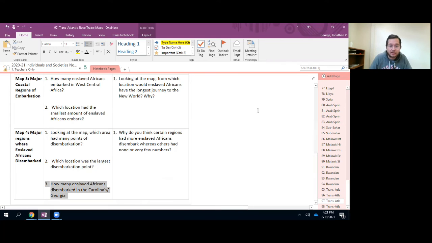And then look at this. Why do you think certain regions had more enslaved Africans disembark, whereas others had none or very few numbers? So you have to draw conclusions and kind of hypothesize a bit, infer, and come up with what you think would be the reason for that.